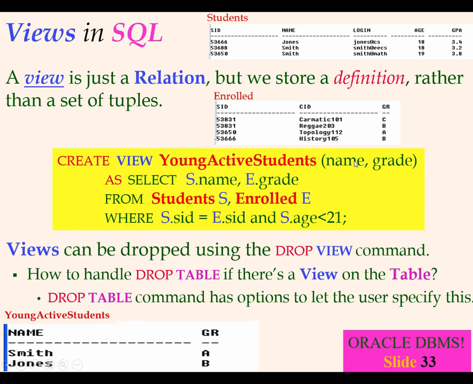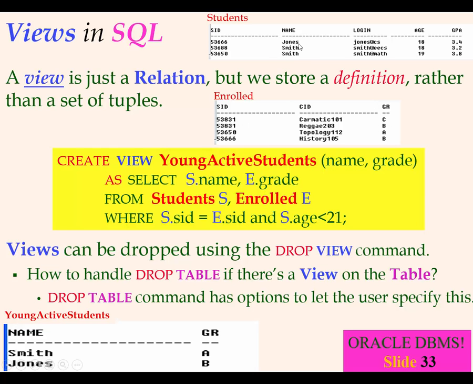So less than 21. I have, okay, this actually removed the Smith as a duplicate. So I have 18 and 19. Smith got a letter of A, and Jones got a letter of B. So B comes from this table.